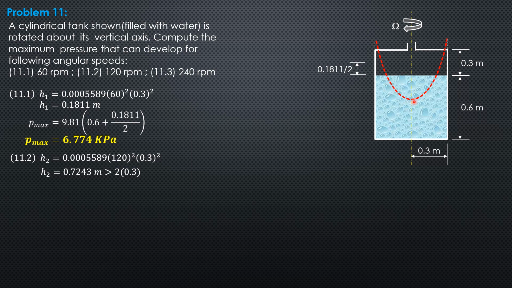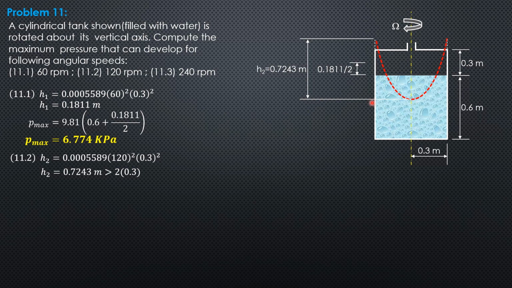Now, to solve for the height of the parabolic surface inside the parent cylinder, where the total is 0.7243, I derived a formula for that in the lecture video which I uploaded on rotated vessels.